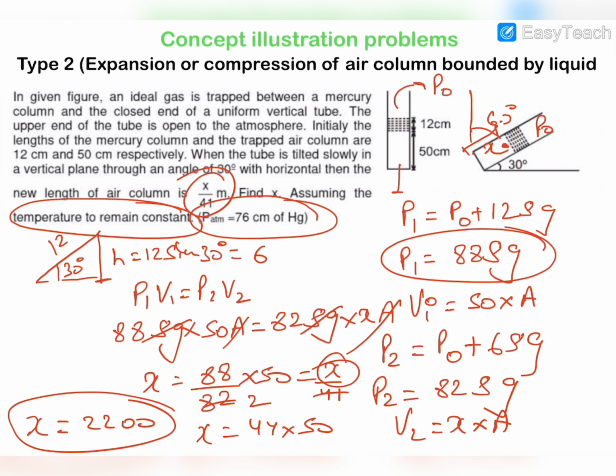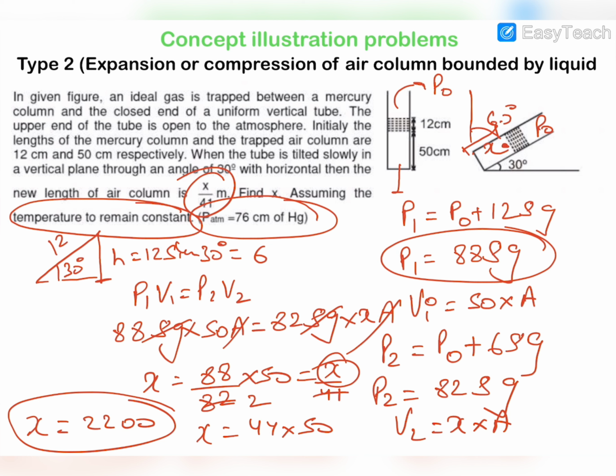So this was the complete problem of this type 2, and you can also find these problems in many other books, but you have to remember the fact that in such problems the compression or expansion of the air column is always isothermal. If it is not mentioned in the question, then you can consider it isothermal.